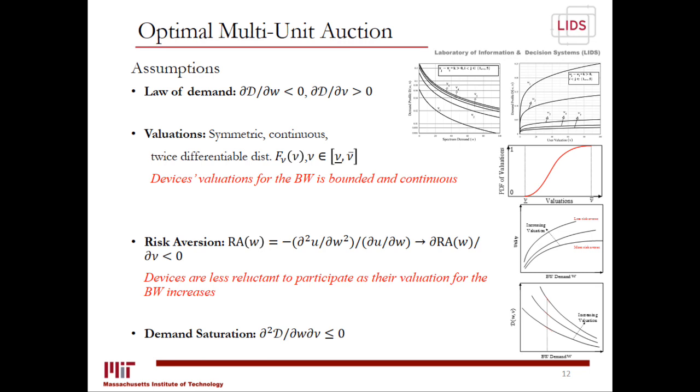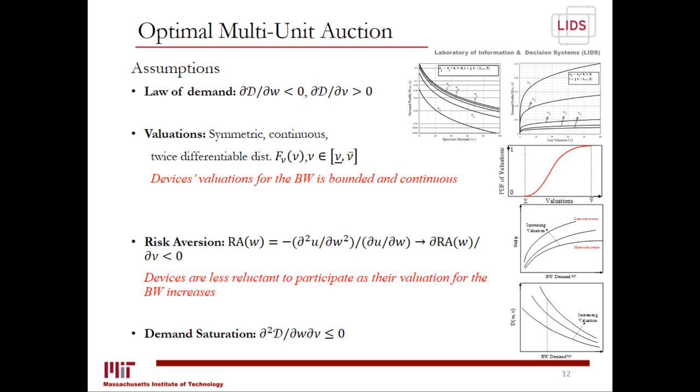So if we have more bandwidth demand here, what happens is that, okay, now I got it. So if we have more bandwidth, the valuation of each of these devices, at each moment of time, we are in one of these curves. Each of these devices is on one of these curves. Devices don't know each other's curves because these curves are the valuations of each device.